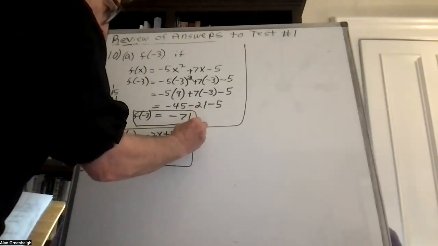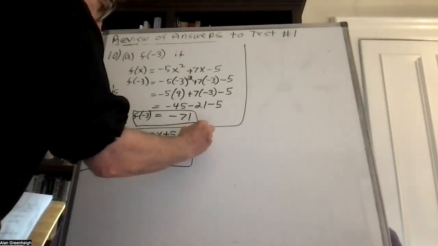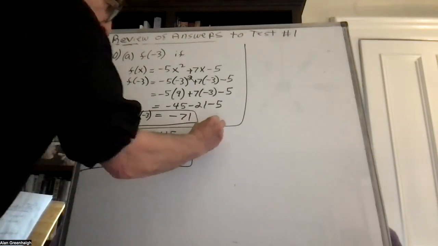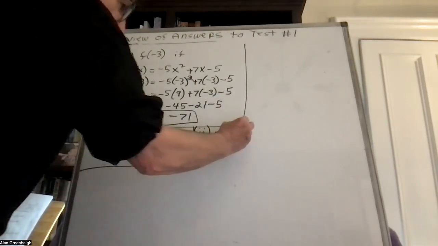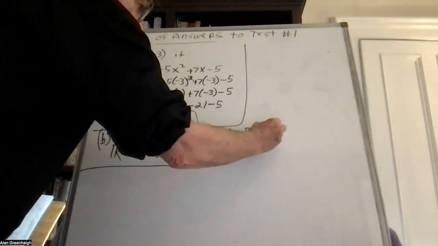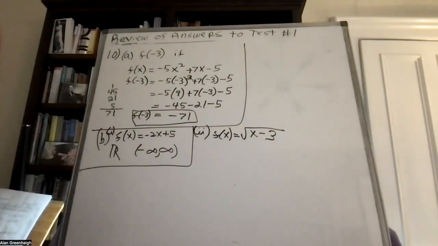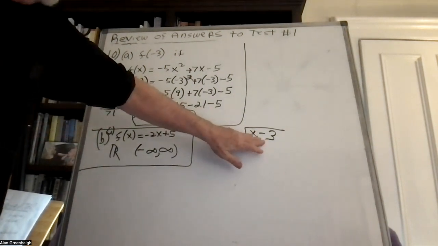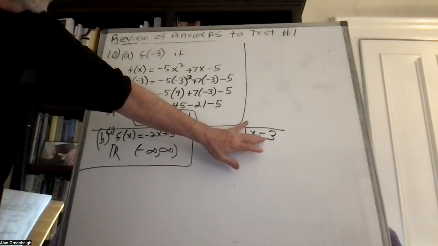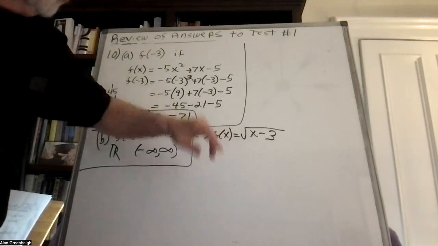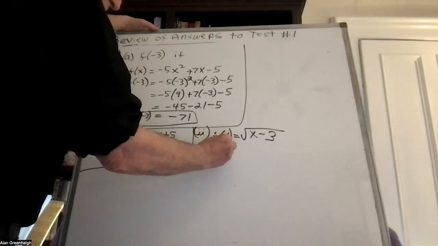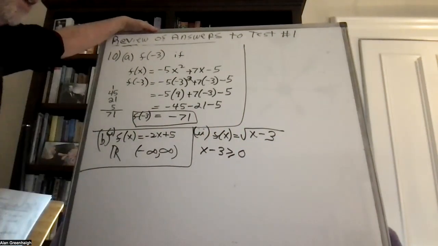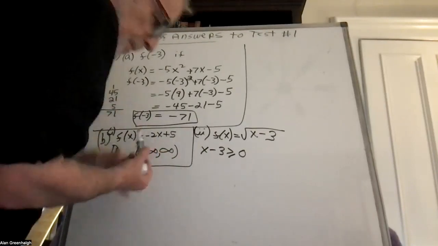Question II would be f of x is equal to the square root of x minus 3. The only thing we have to worry about with domain is that the expression underneath the radical sign has to be greater than or equal to 0. Whatever this comes out to be, that's the answer to the question.